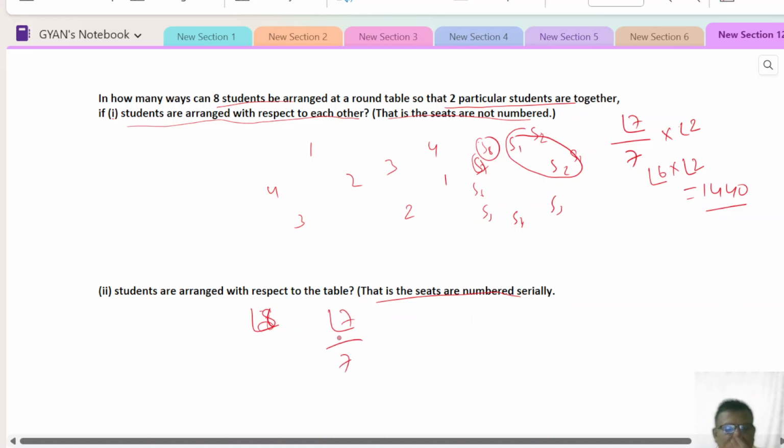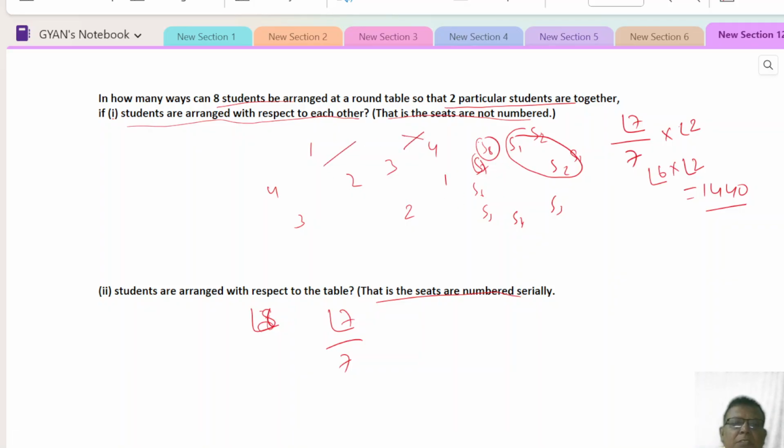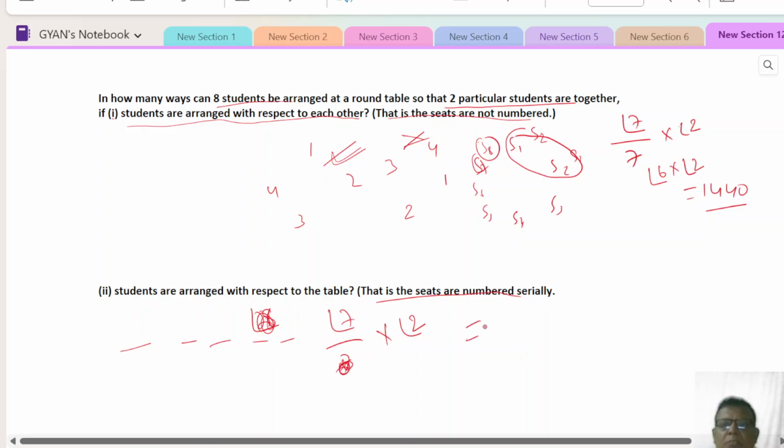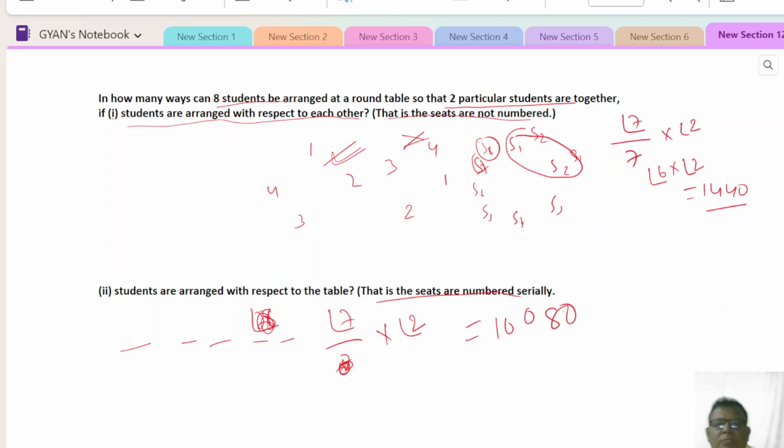Why? Because seats are numbered. That means this position and this position are different. So it will be done like a linear thing. Seats are numbered: factorial 7 and 2 factorial 2, because S1 and S2 can exchange seats. So this will be 10080.